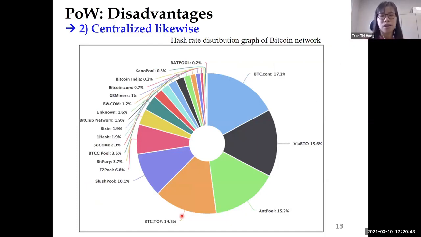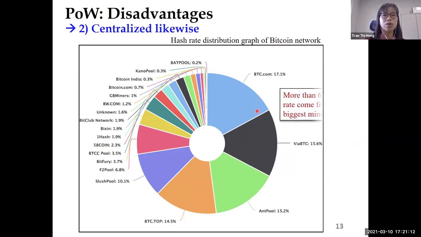One of the advantages of blockchain networks is decentralization. But because of the proof of work, it becomes centralized likewise. A lot of computers cooperate together in a mining pool to be able to create a new block and get the benefits from that. Therefore, it becomes centralized.